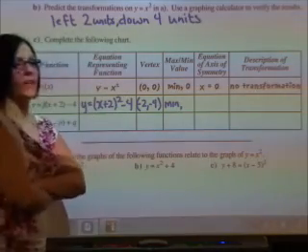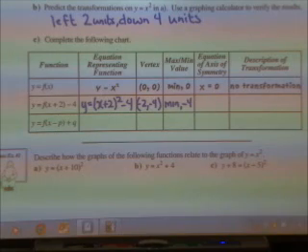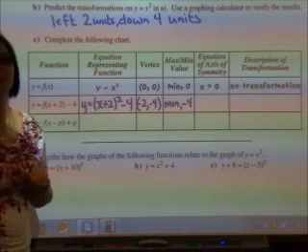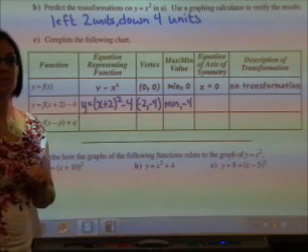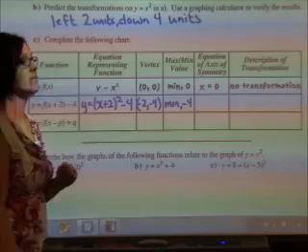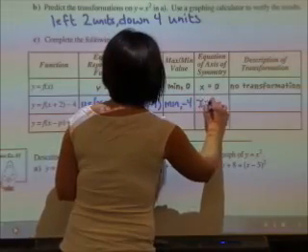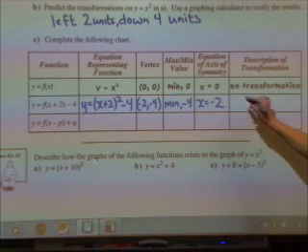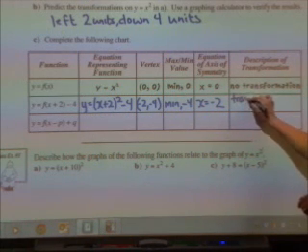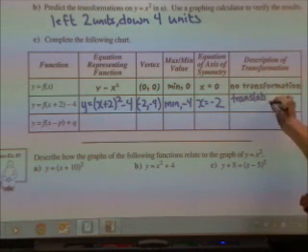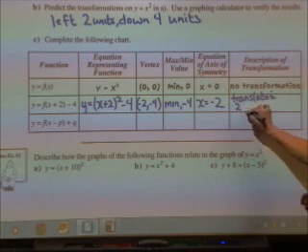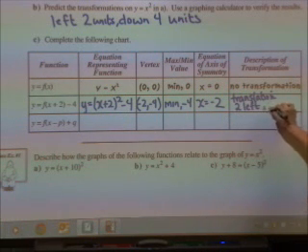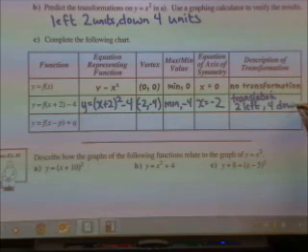And what's the minimum value? So the minimum value is negative 4. What's the axis of symmetry? X equals negative 2. And then the description of the transformation is this is a translation of 2 units left and 4 units down.